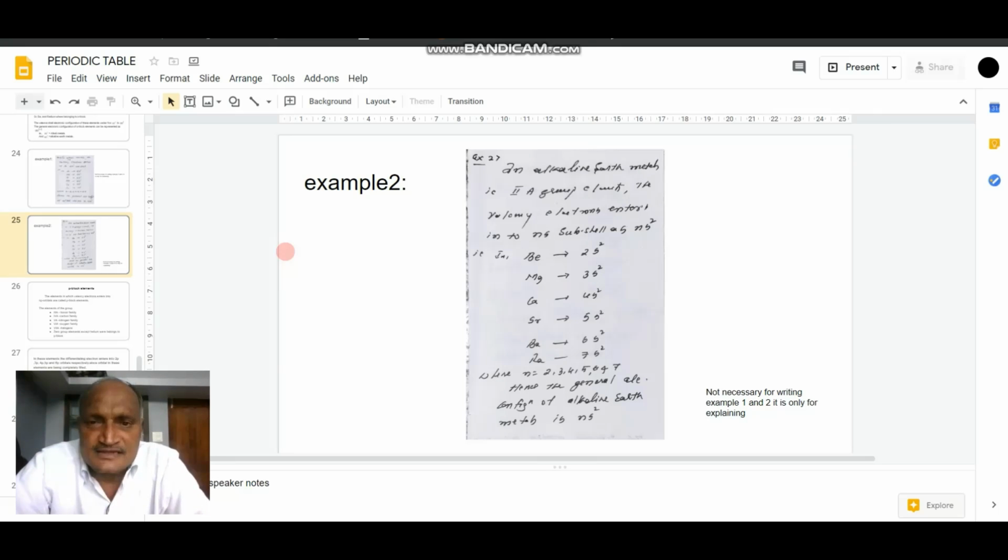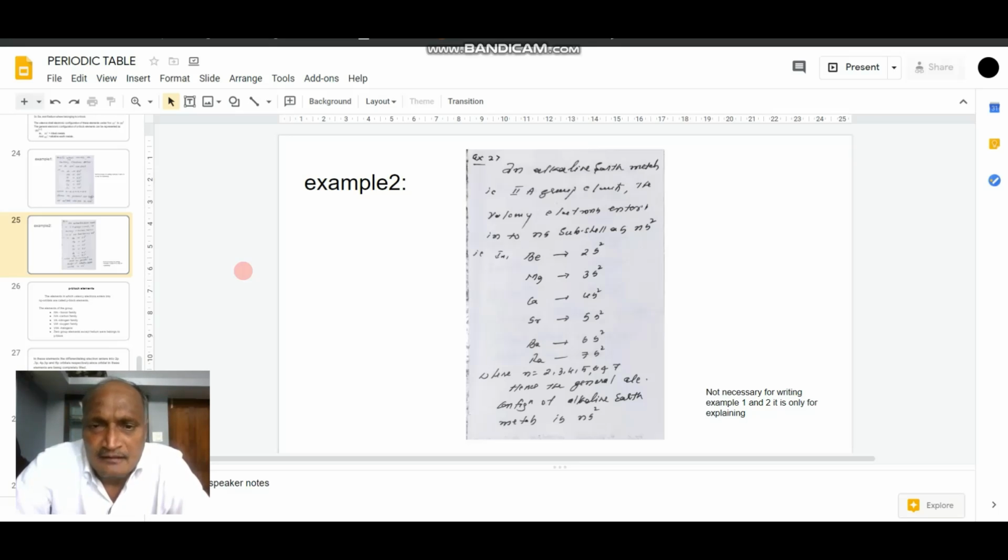Coming to the second example, that is alkaline earth metals. In alkaline earth metals, that is second A group elements, the valency electrons enter into the ns subshell as ns2.